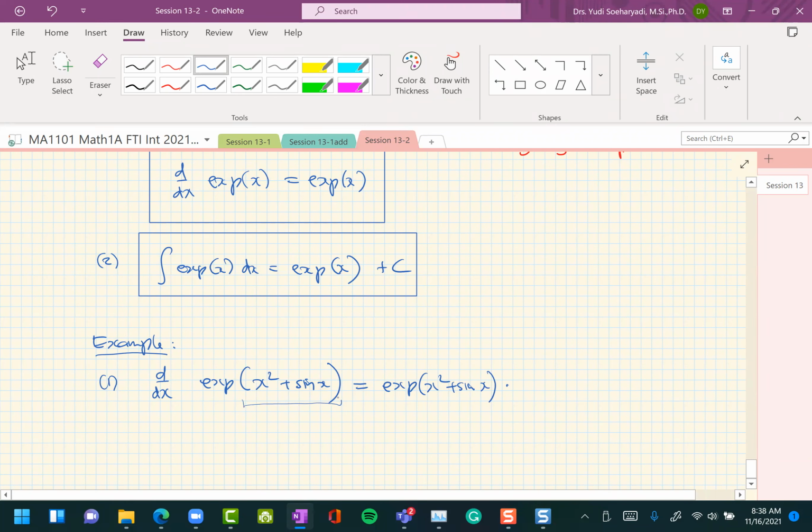So exp of sine x times cosine of x. Okay, so that's the derivative. Questions?